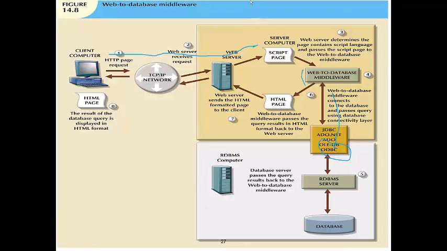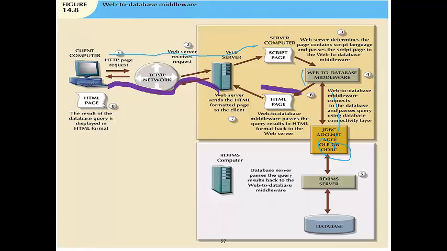It then uses that database information, stepping through the cursor to build this long HTML page, which is then transferred back to the client computer and displayed in the browser because it's straight HTML.